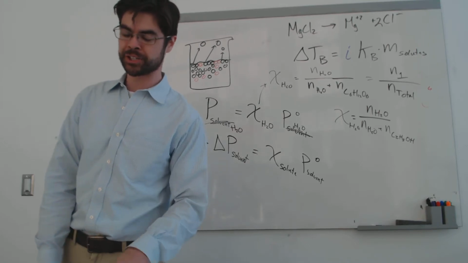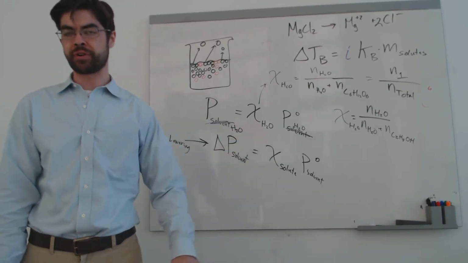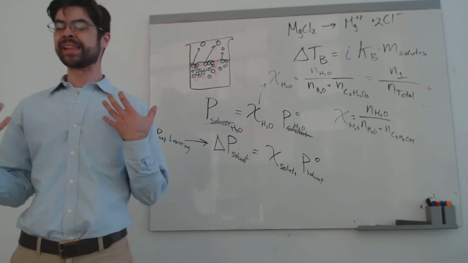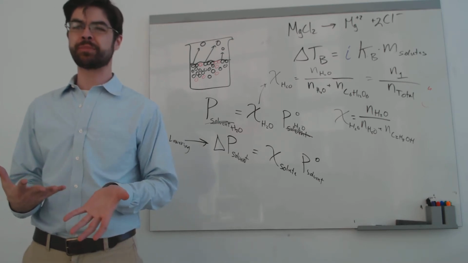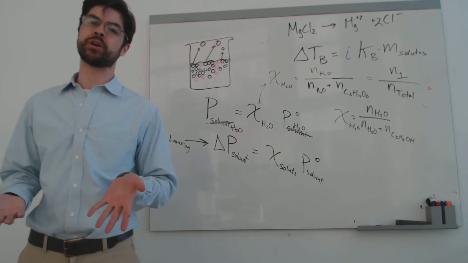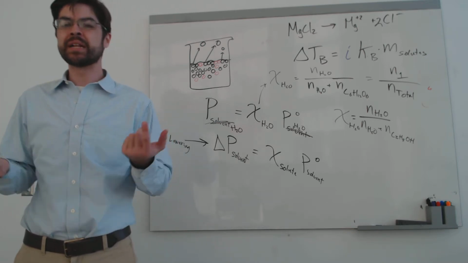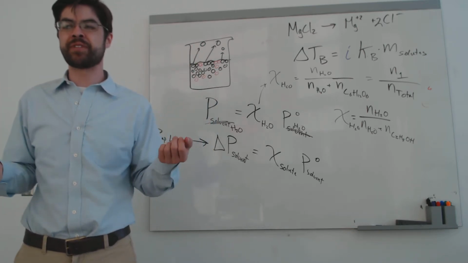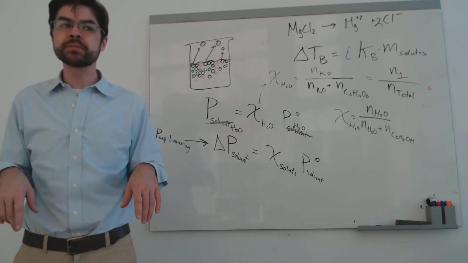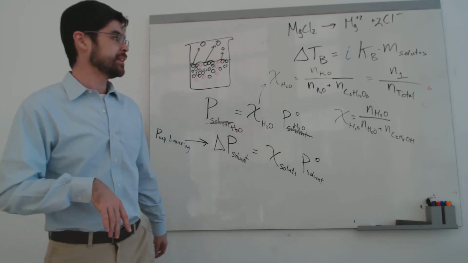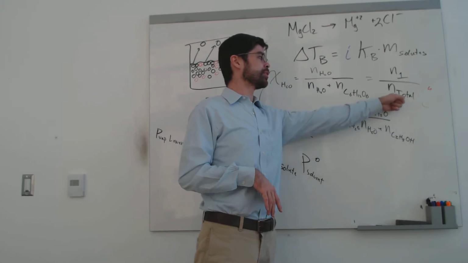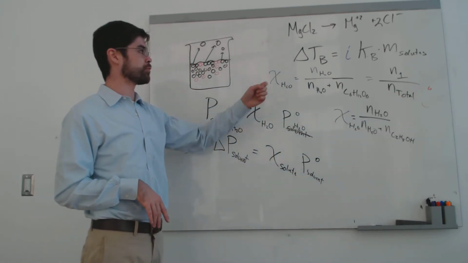The vapor pressure is lowered as a result of the mole fraction of the water, and that mole fraction could be lowered by the presence of any solute. No matter what the identity of that solute is, you add in more substances, and the mole fraction of the water drops, just because the other solutes are increasing the total number of moles.